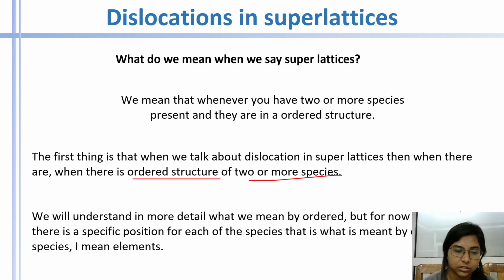We will understand in more detail what we mean by ordered, but for now it is just that there is a specific position for each of the species, and that is what is meant by ordered species.